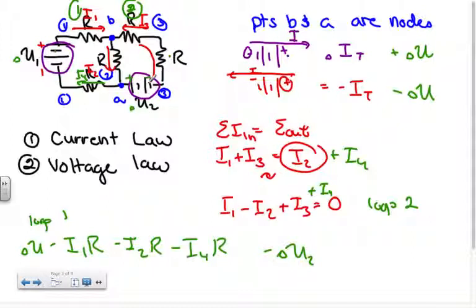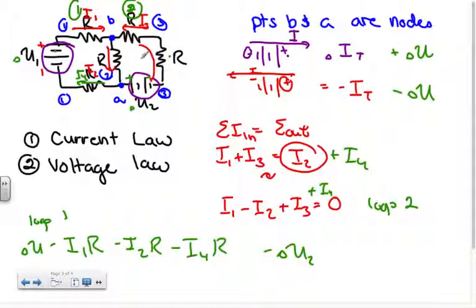It's negative because one, we're going counterclockwise, but two, we're coming out the negative end of the battery. So we're stacking the deck. So this is against negative. Okay? So what does that do to the sign?